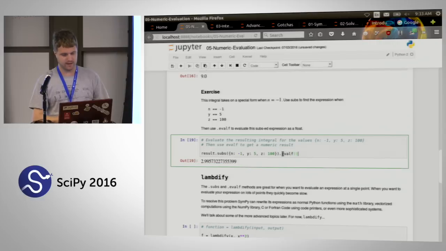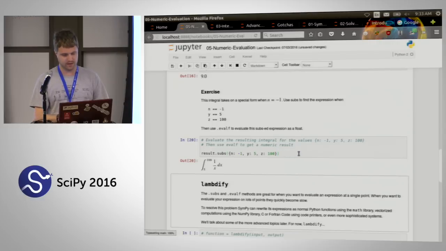and like I said, because we're calling eval_f here on this integral object, this is actually doing a numerical integral.